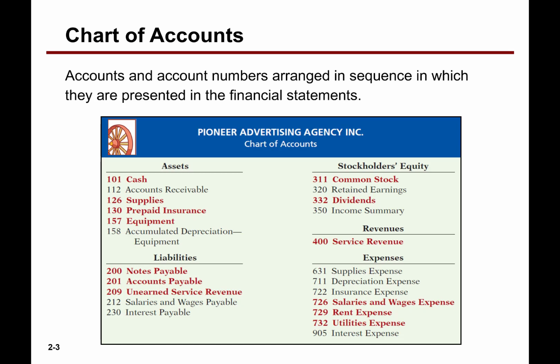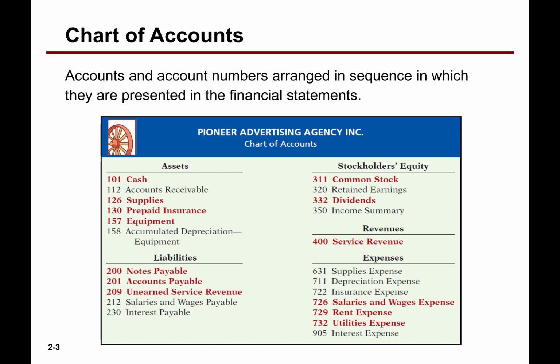Notes payable, accounts payable, salaries payable, interest payable. We'll talk about unearned revenue as we go through our little example, and that is a liability as well. Revenues are what? You can usually tell that it's a revenue account because it has the word revenue in it.